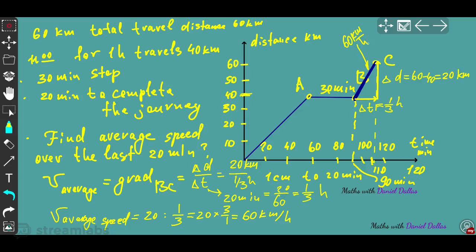Of course, on different segments will have different speed, right? If you want to calculate the speed, for example, on the first segment, from the origin O to A, you'll definitely get different speed, yeah? 40. So the gradient for OA is going to be 40 over how much time it requires.